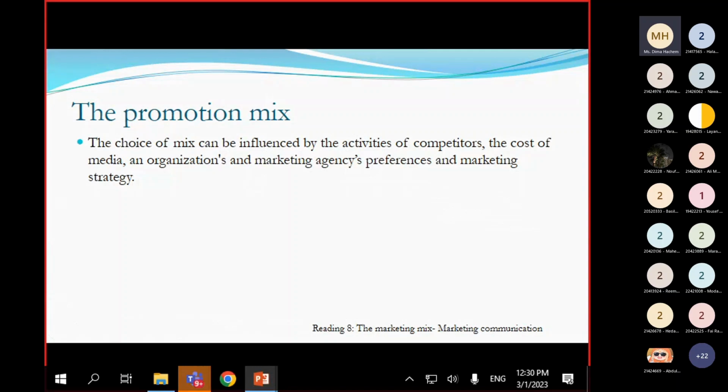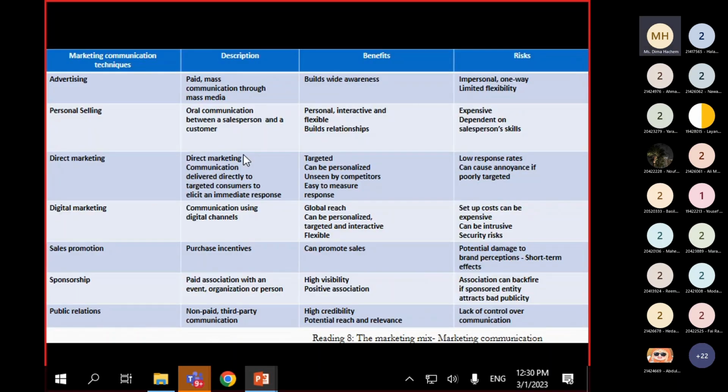Okay, so the choice of mix can be influenced by the activities of competitors. So we are not saying that in order to promote your product, you have to use all of these elements. You don't have to use all of these techniques. It's a mix. When we say mix, think about a recipe, a cake mix, a recipe. Okay, so you can choose to put some or all of the ingredients.